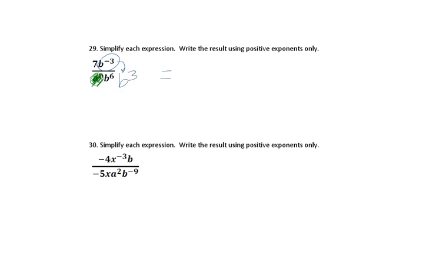So what's left on top is just 7. On the bottom, you have b^6 and b^3. And remember the rules for multiplying letters. Multiplying letters means add the exponents. So 6 plus 3 is 9. 7 over b^9.